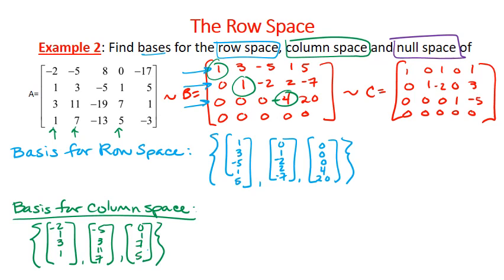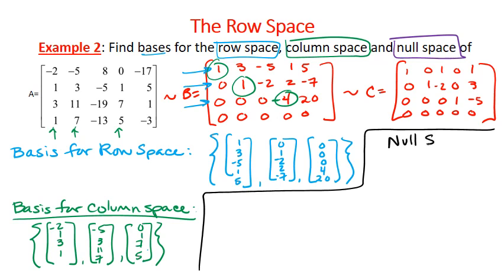All right, so now I don't have a lot of space, and I apologize for that. Now I need to find the basis for the null space. We have already reduced this to reduced row echelon form.